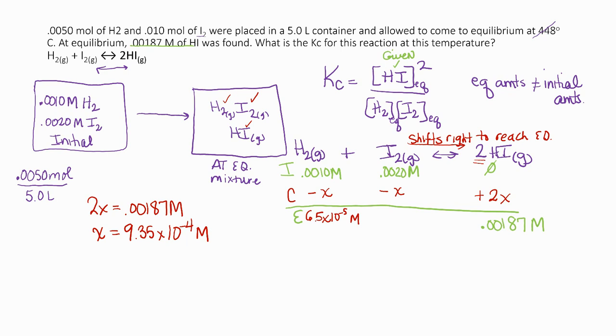For iodine, it's going to be 0.0020 minus that x. So if we take 0.002 minus the x, I got 1 point, let's see, hold up. Basically 1.07 times 10 to the negative 3.